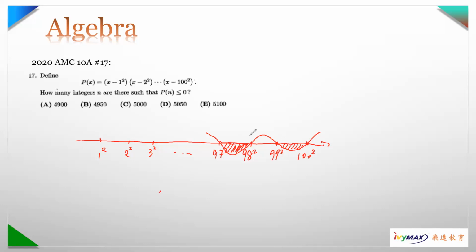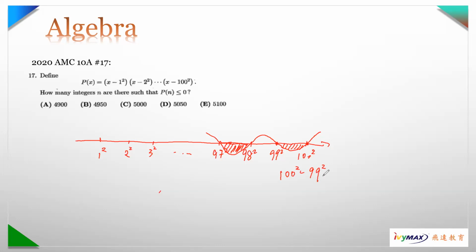The next question is to find out how many integers are in each different range. How many integers between 99 squared and 100 squared? It should be 100 squared minus 99 squared. Is that true?